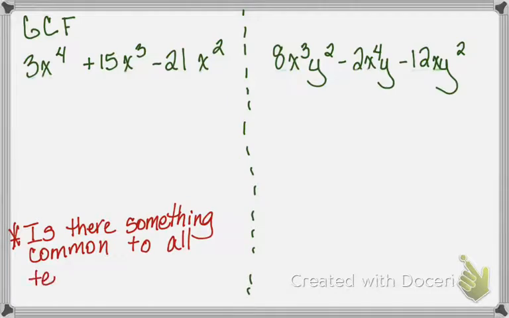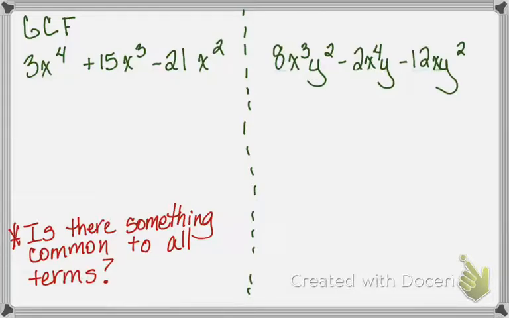Now, very often, you are going to be able to factor out a greatest common factor and do something else. You're going to be able to factor out a GCF and factor in another way. Right now, we're starting with factoring GCF. No matter how many different ways you factor, you always ask yourself if there's a GCF first. Once you pull out the GCF, it makes it much easier to manage.